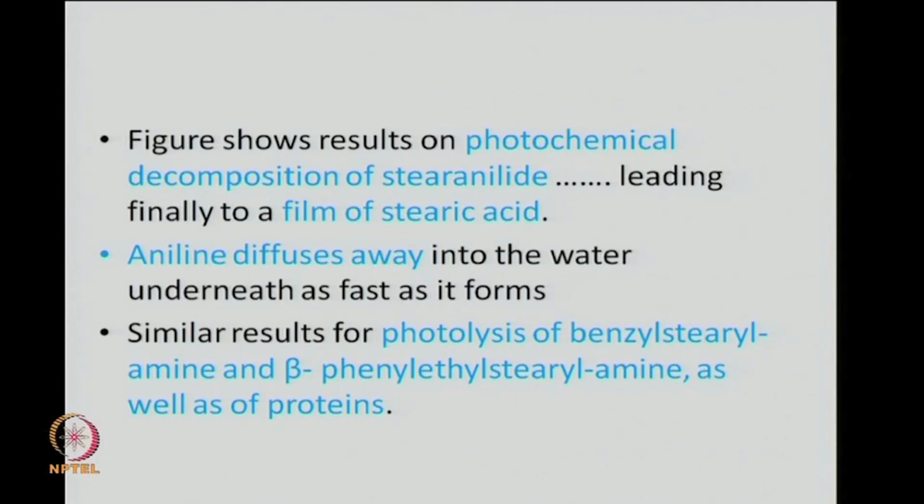And such results have also been seen with photolysis of benzyl stearyl amine and beta phenyl ethyl stearyl amine, as well as for photolysis of proteins.